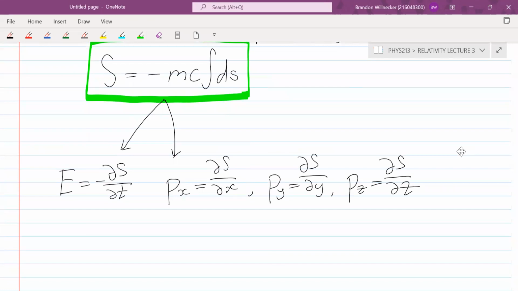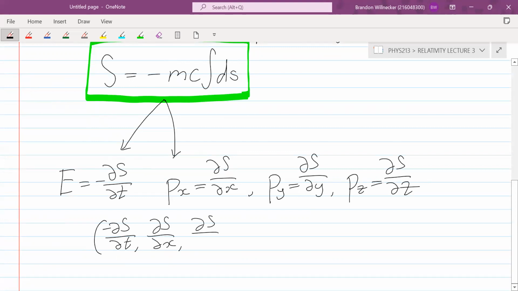Now, if we took all 4 of these and wrote it as one thing, which is typical in special relativity, we like to combine space and time, we get minus dS by dt, dS by dx, dS by dy, dS by dz. We've got this so-called space-time gradient of the action.